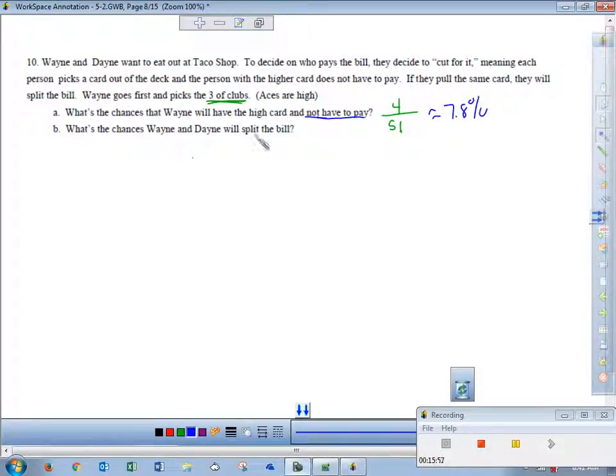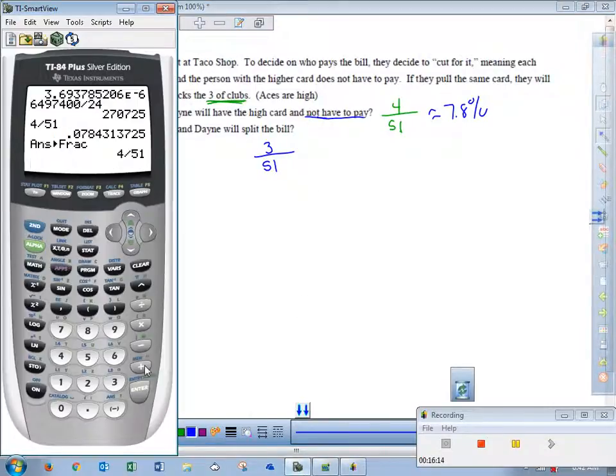What is the chances that Wayne and Dane will split the bill? Well, the only way that's going to happen is if they pull one of those other 3s. So there's 3 of those 3s left, and remember there's 51 cards still because they didn't actually pull any cards except for Wayne's original card. So 3 out of 51 would be this, and let's double check that that doesn't reduce. Oh, it does, 1/17.